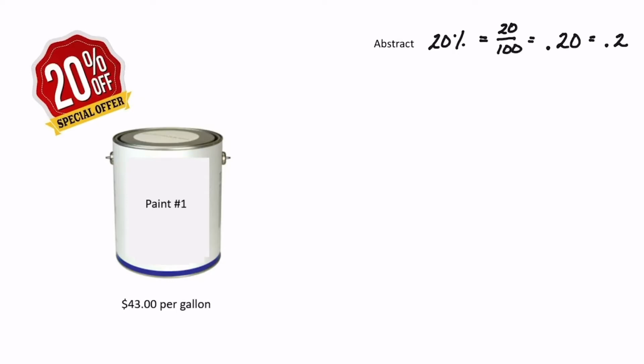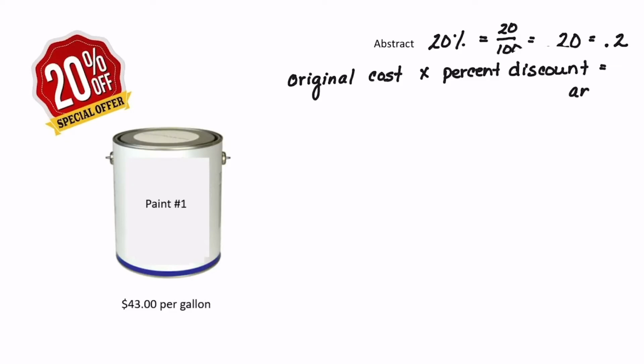So I'm going to take my initial cost, my original cost, and I'm going to multiply it by my percent discount. Oh, let's spell that correctly. And that is going to give me my amount of my discount.